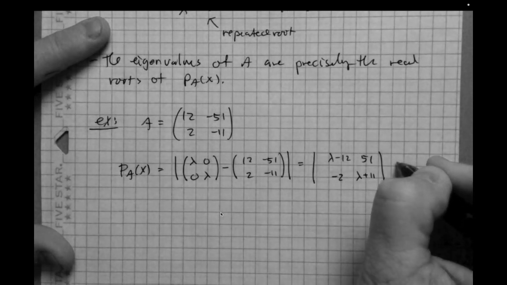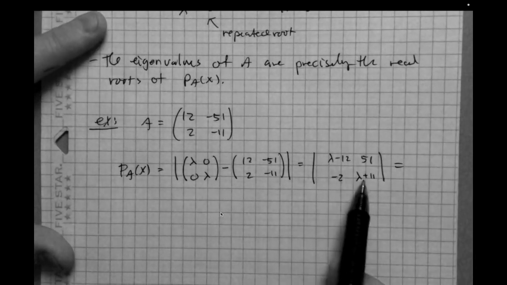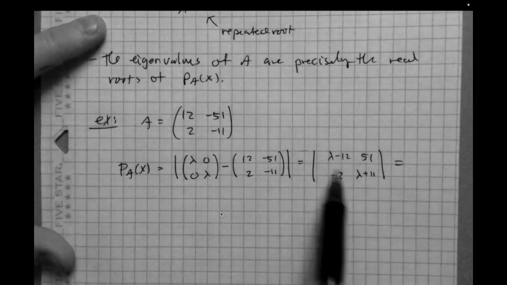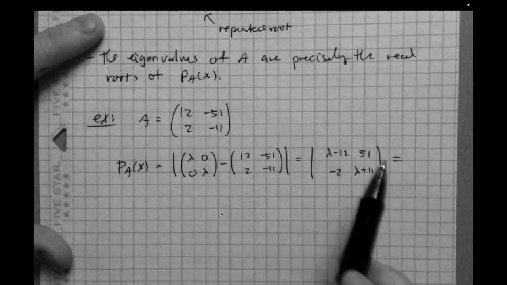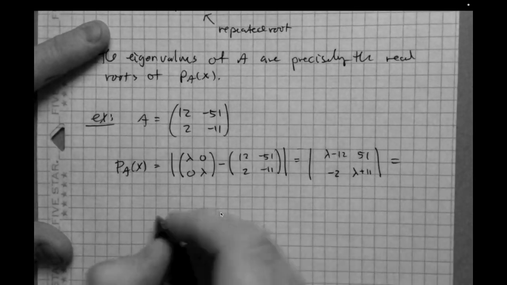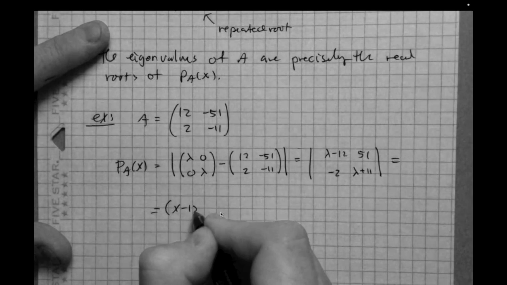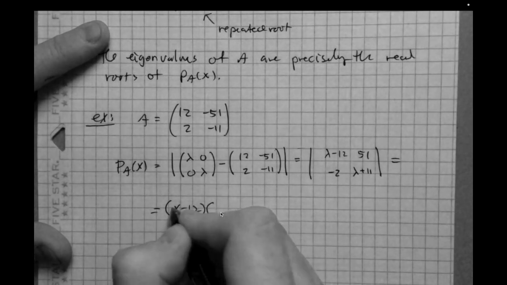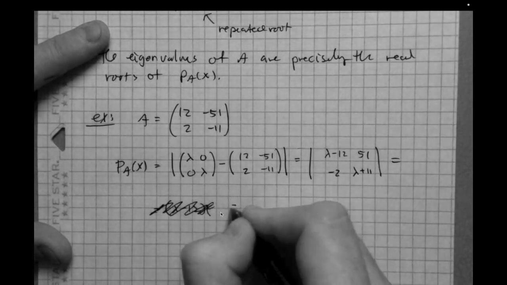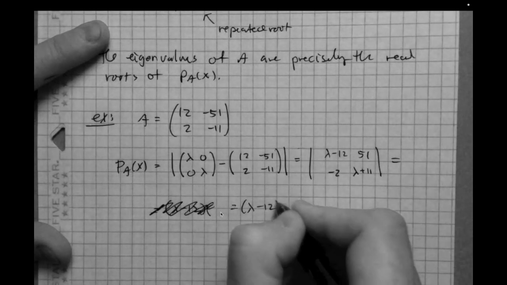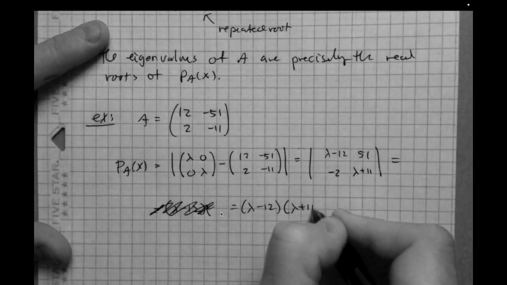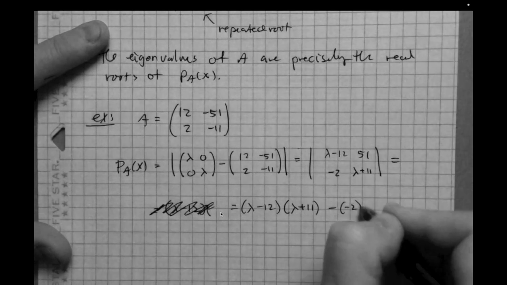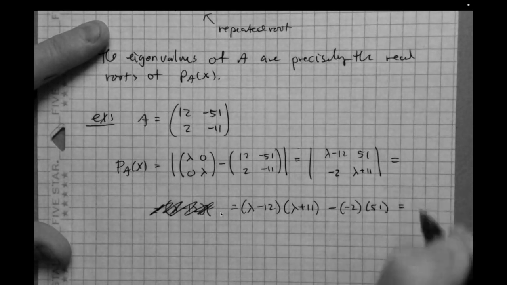So what happens when we calculate the determinant? The determinant of a 2 by 2 is super easy: it's just the diagonal product minus the other diagonal product. So we get lambda minus 12 times lambda plus 11, minus negative 2 times 51.